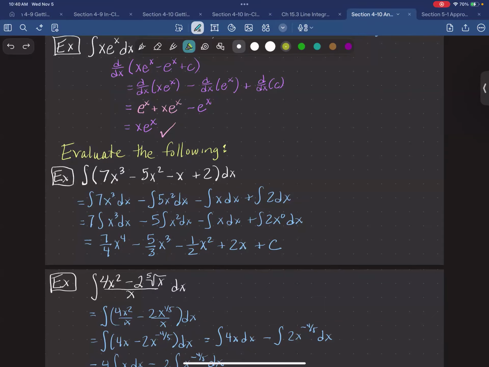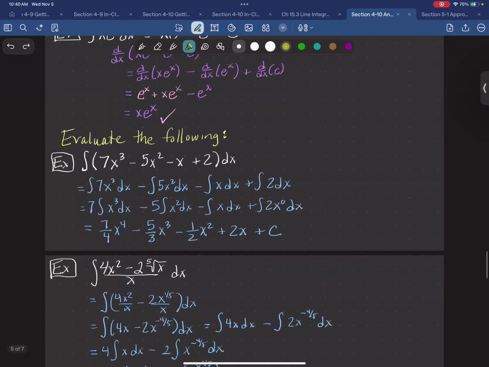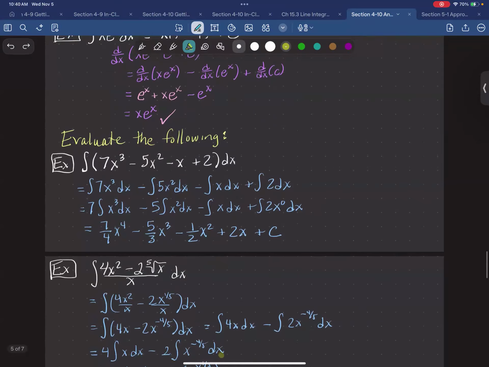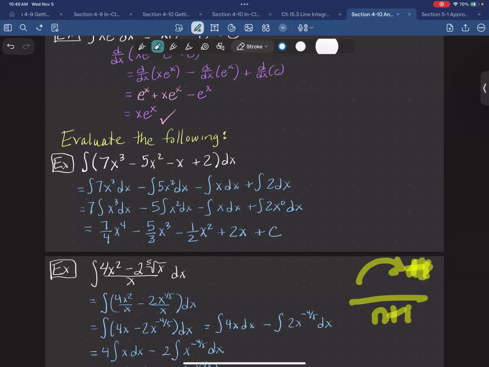So when I split up the integral into 2 parts, I even pulled the coefficients out. Now, remember, when you integrate, you go up a power, divide by the new power, n plus 1. Okay? That applies even to fractions.